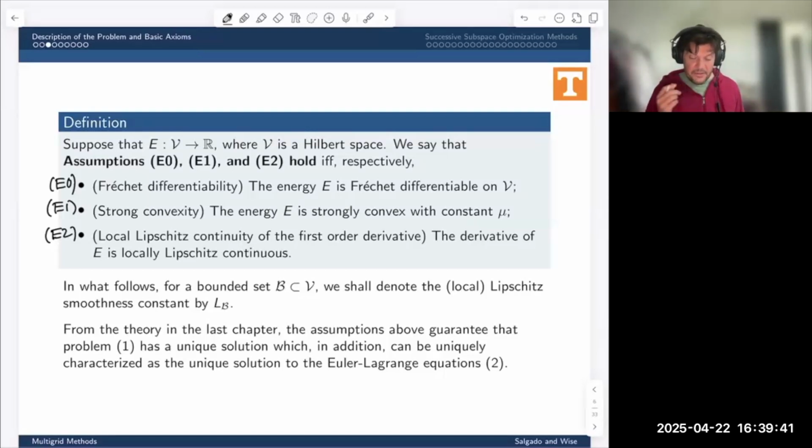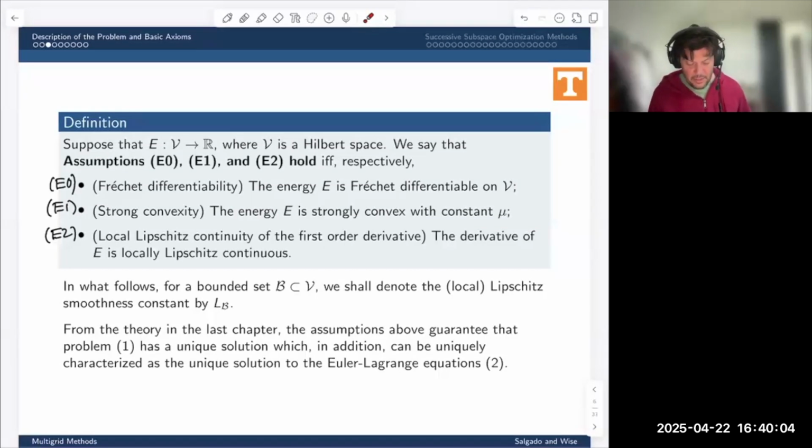Now, if it's locally Lipschitz smooth, that means on every bounded set we're going to have a different Lipschitz constant. So every time we have a bounded set of interest, we're going to denote that local Lipschitz constant by L_B. That just means the best local Lipschitz constant that we could possibly find on that set.